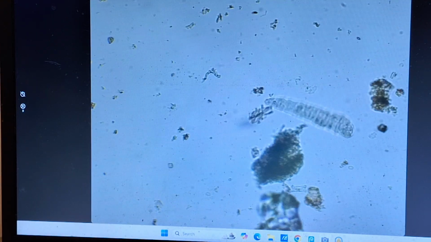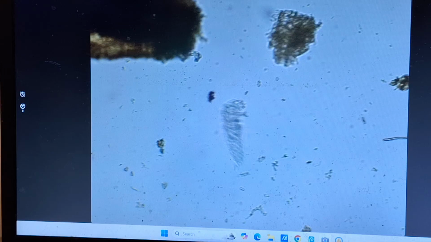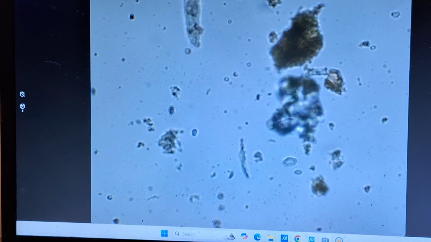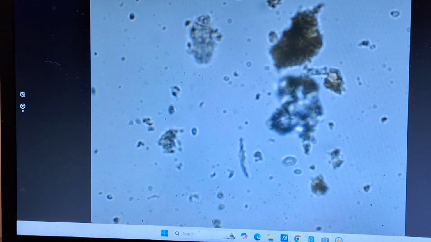I'll try to catch that clear once. There he goes. See the mouth spinning there. Creating a vortex, sucking in food.